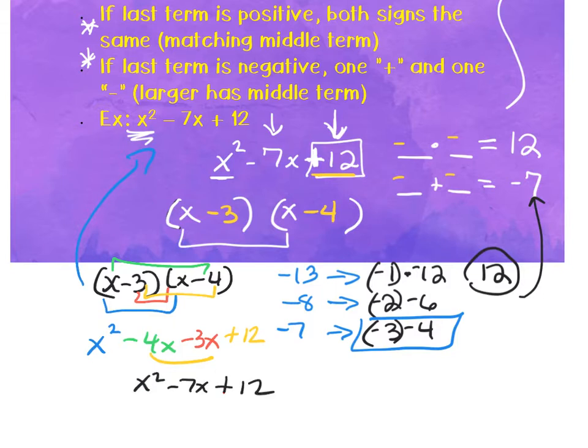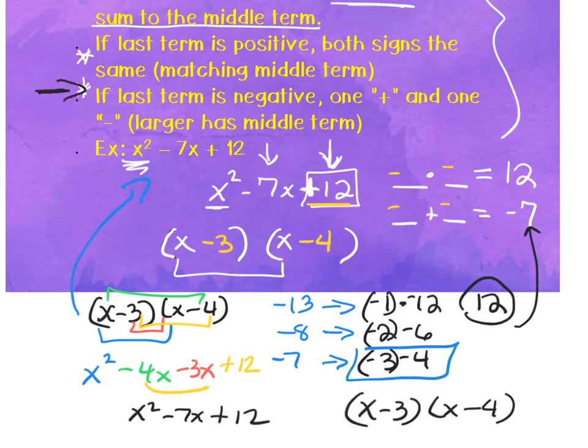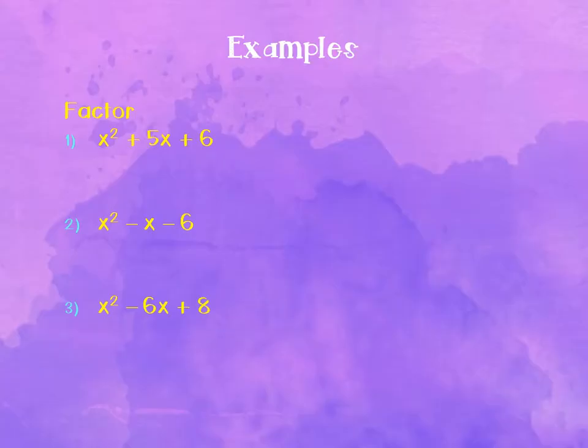So we did go back, and we did find the right answer when we did x minus 3, x minus 4. Now, when your last term is negative, that's when your signs are going to be different. When we encounter an example of that, I will elaborate. Let's try another one.